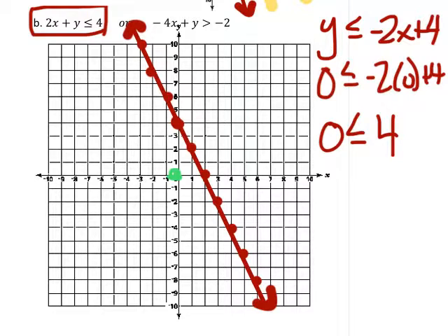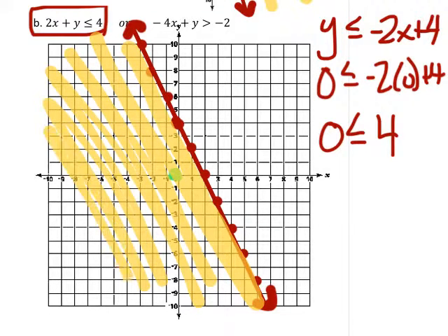So this is going to allow me to shade in this area, the same side of the line that 0, 0 is on. And we'll start on this line. And notice again that that line is a solid line because it's also equal to, meaning any of the points on the line will give us a true statement.